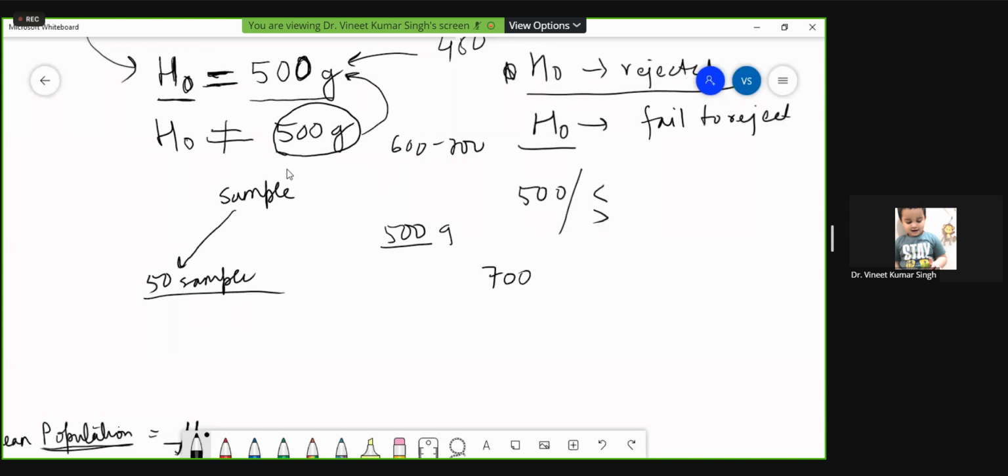So if there is a positive direction and there is a negative direction, we can reject this hypothesis, the first one, which is equal to 500 gram. So the first hypothesis can be rejected in both ways.